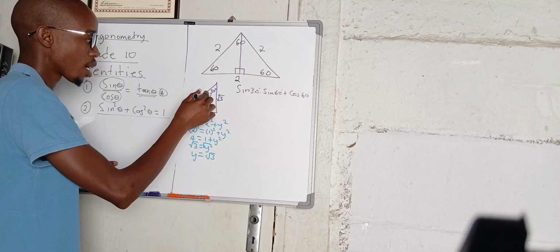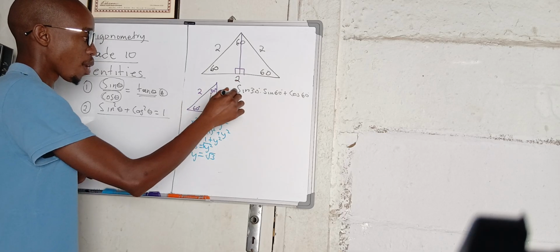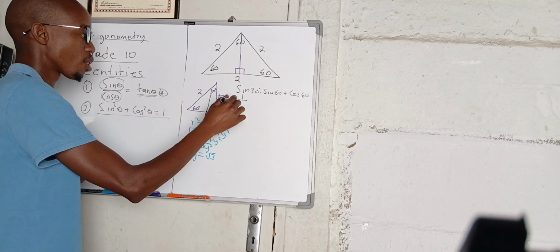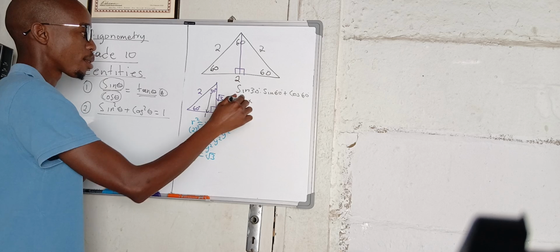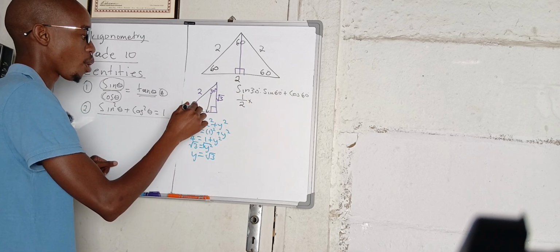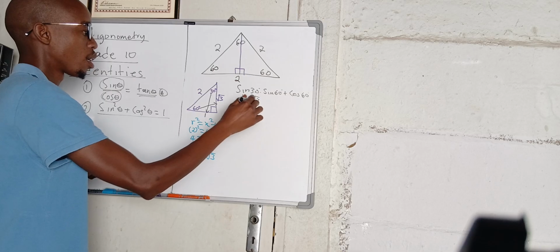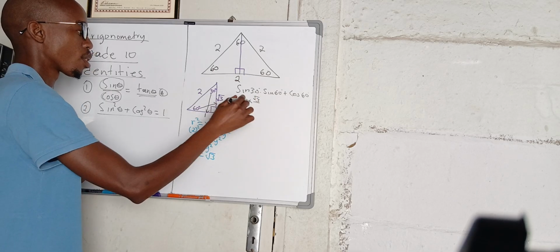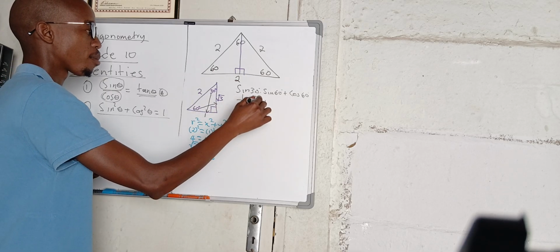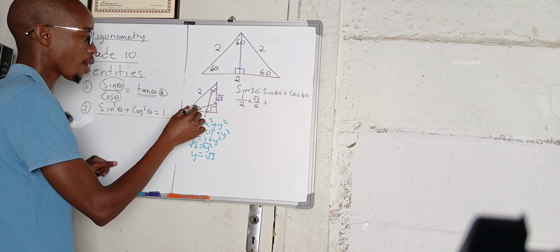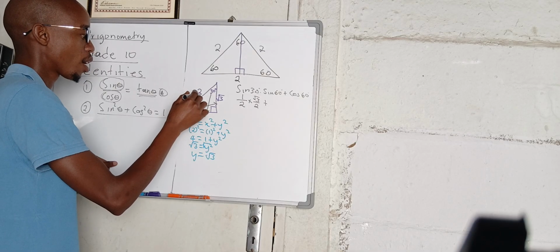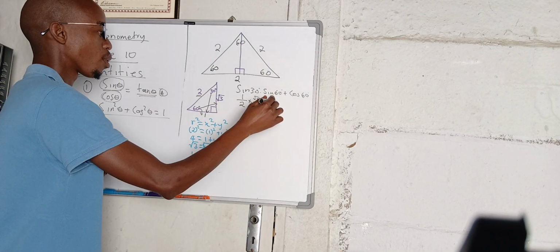For 30, the opposite is 1 and the hypotenuse is 2. We multiply by sine 60: the opposite of 60 is root 3, and the hypotenuse is 2. And then we have plus cos 60, which is adjacent over hypotenuse, 1 over 2.